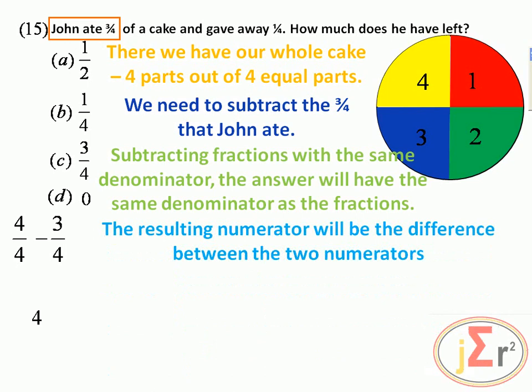The resulting numerator will be the difference between the two numerators. So the final numerator will be obtained by subtracting the numerators. So we have 4 minus 3, and that's equal to 1. So we have 1/4 or just a quarter left.